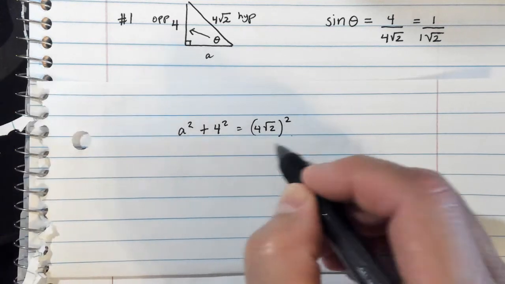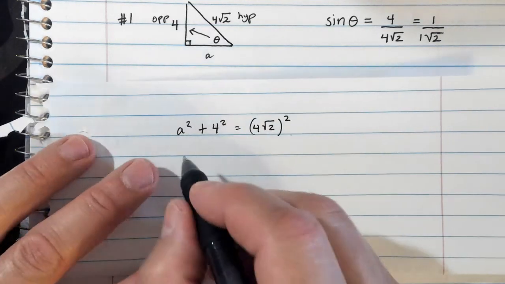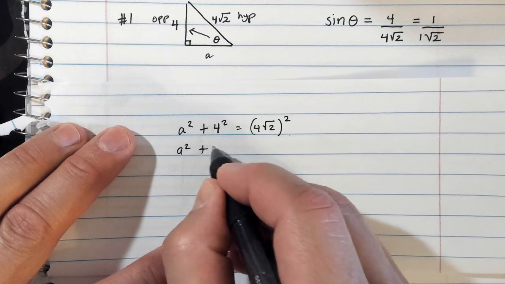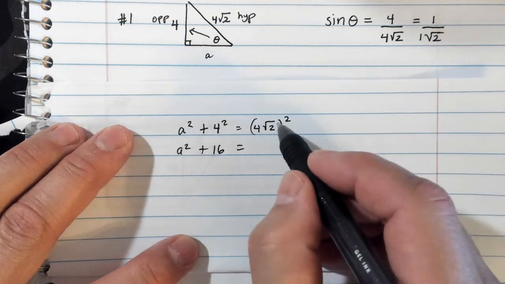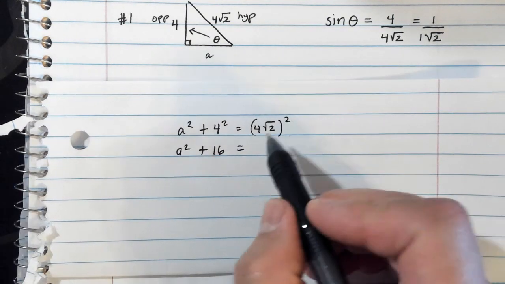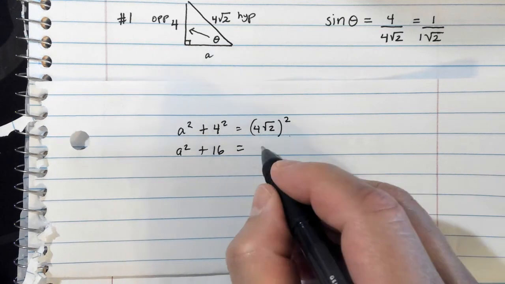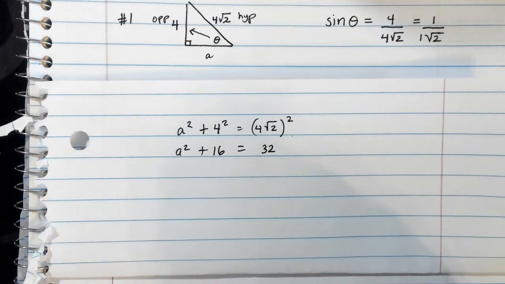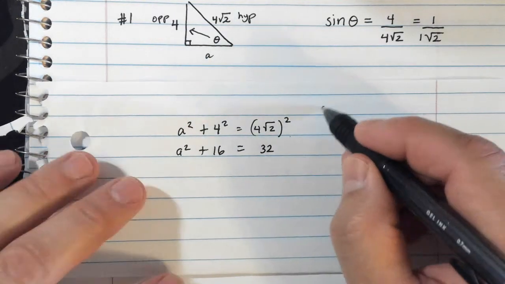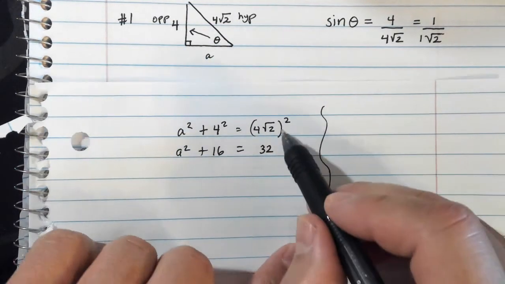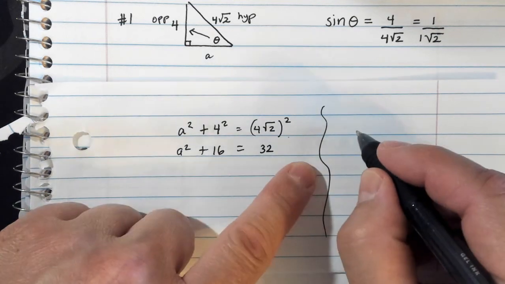And this is the part where students have trouble, is right there. So you get A squared plus 16 equals, let's see, 4 squared is 16, radical 2 squared is just 2, so this is actually equal to 32. Let me show you why over on the side. So this whole thing is getting squared.